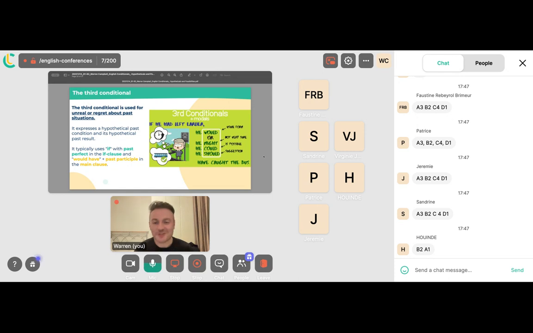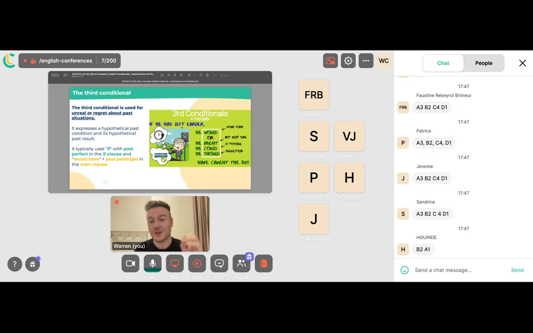Like all the other conditionals, we use if, and then we use the past perfect. We can see this in the first clause over here. Had, and then left.